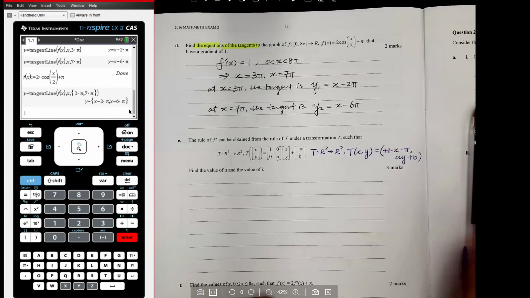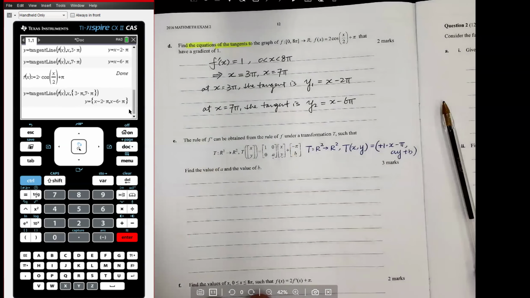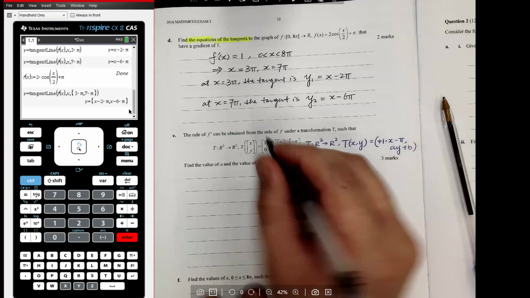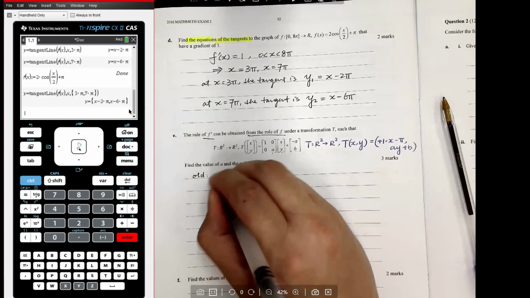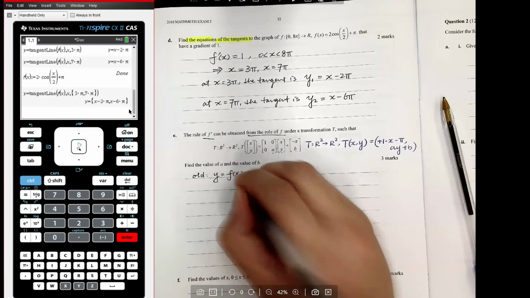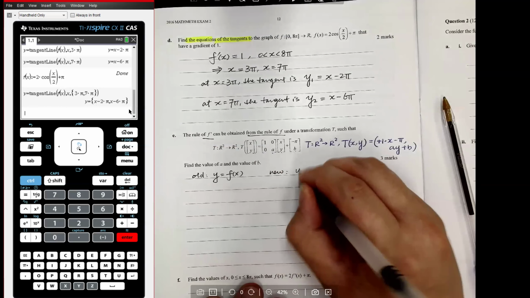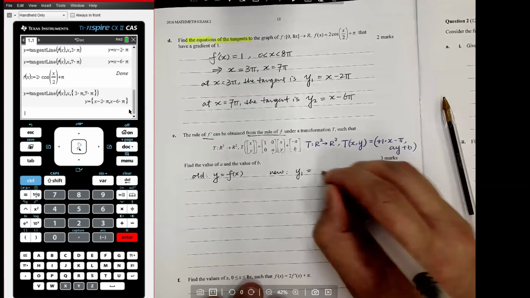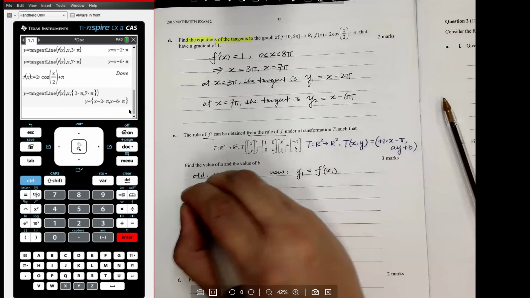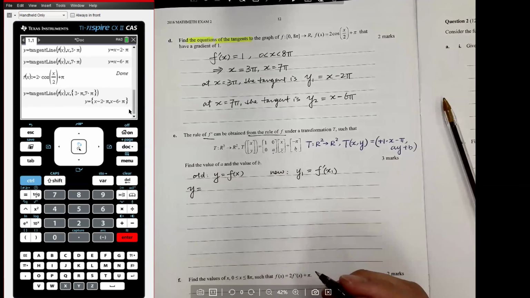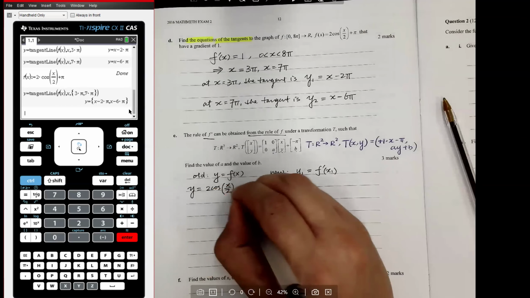What I'm going to do is, first, the rule f dash can be obtained from the rule of f. So you should have, let's say, from which one to which one. The old expression is y equals f of x. The new equation is y1 equals f dash of x1. So the old equation will have y equals 2 cosine half x plus pi.